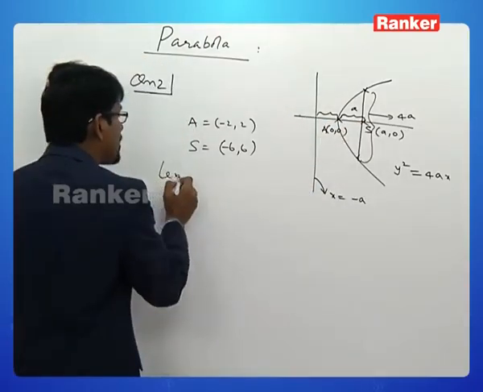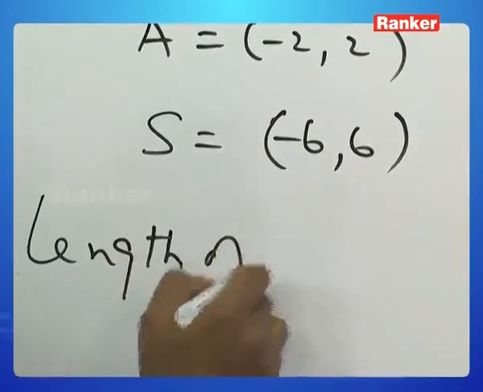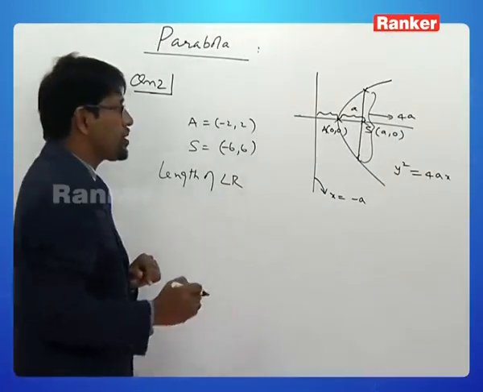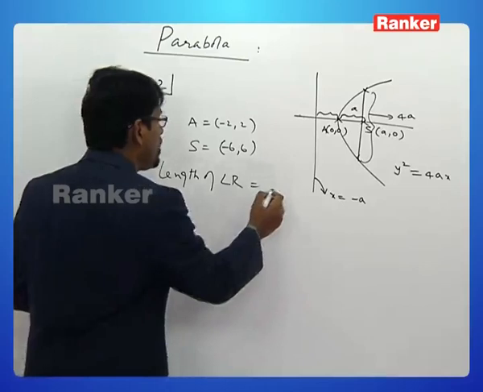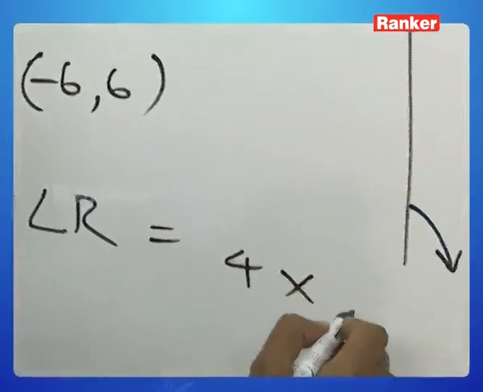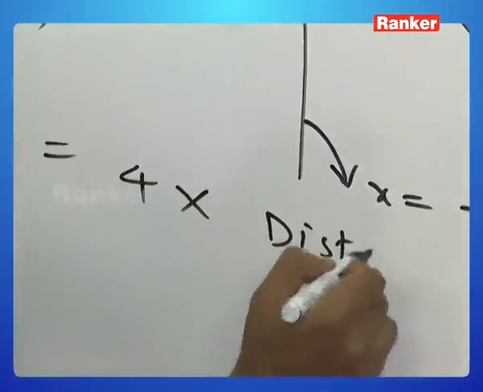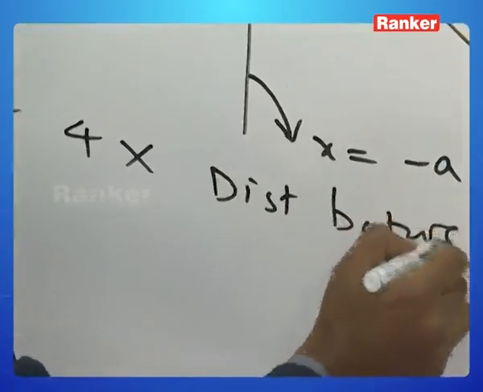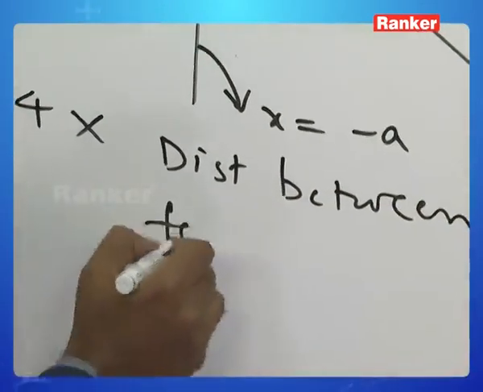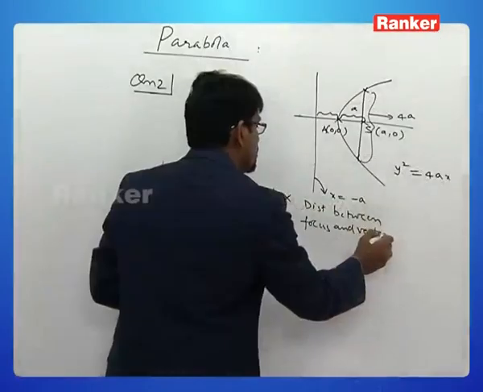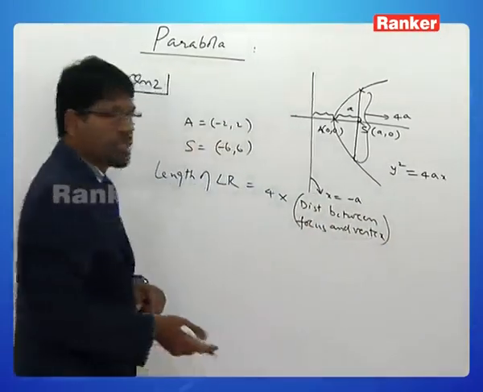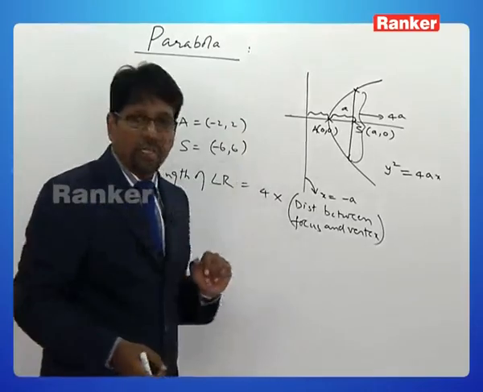The length of the latus rectum will remain the same. So the length of the latus rectum is equal to 4 times the distance between focus and vertex. That is what we observe looking at the standard parabola.